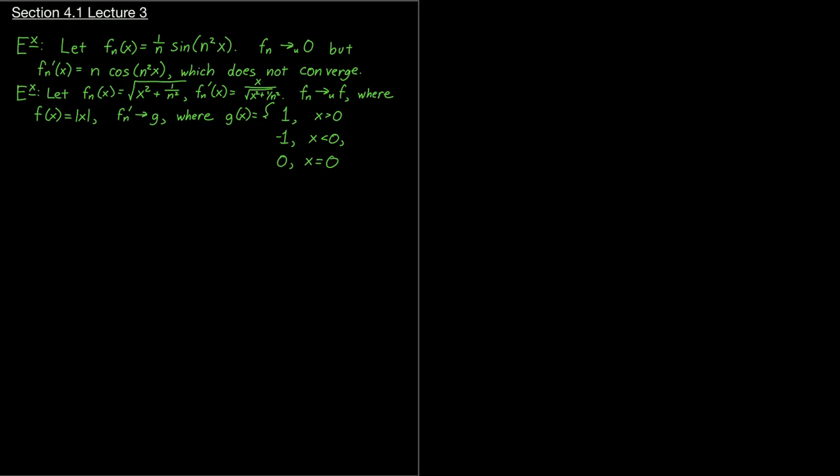This is not uniform convergence. The f_n primes are continuous, g is not, so if f_n prime converged uniformly to g, we'd have that g was continuous.